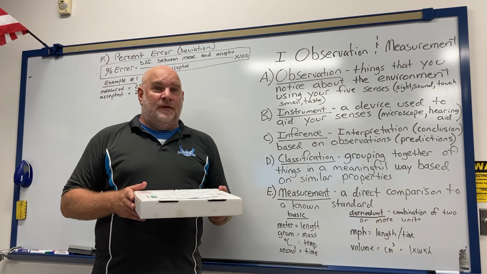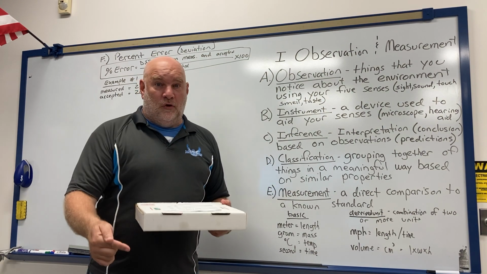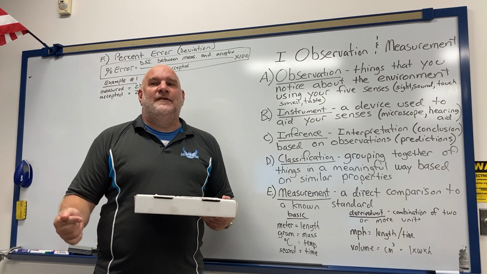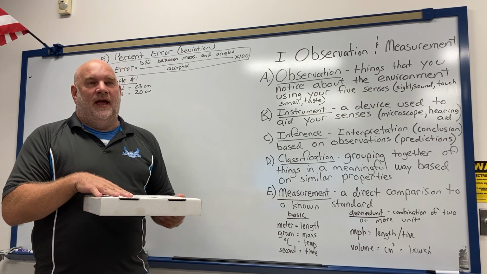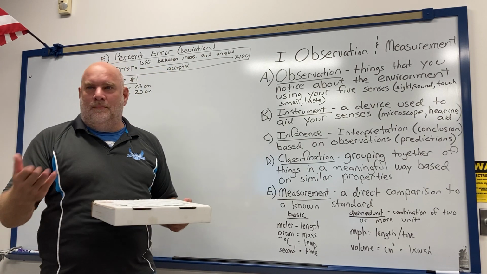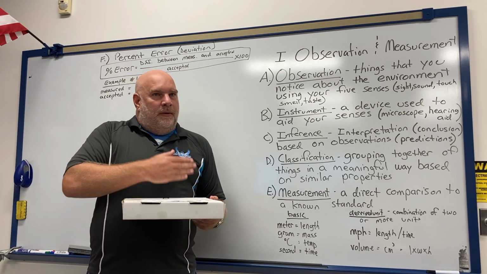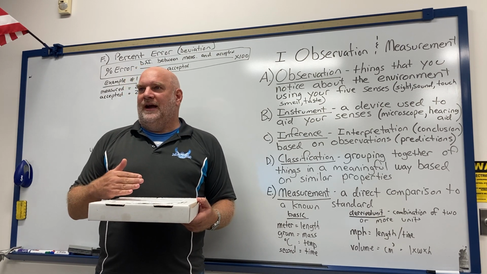Now, what I can do with that information is make an inference about what's in the box. A logical inference I could draw would be that inside the box is a pizza, right? Because a pizza would have met all those criteria. I don't know for a fact there's a pizza in there, but based on the observations I made, it would make sense that there's a pizza inside this box.